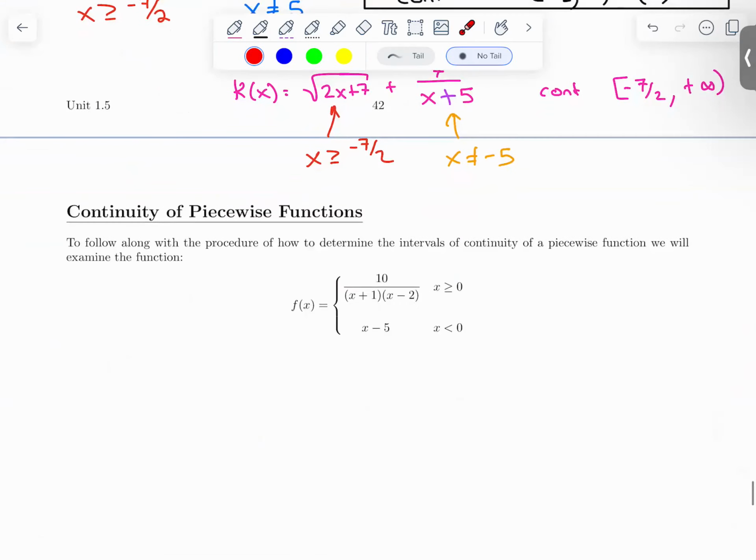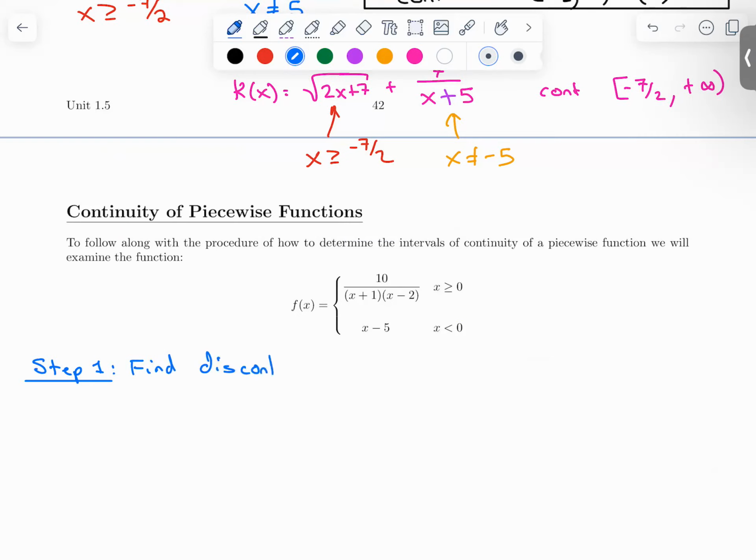So step one is going to be find discontinuities on each piece within its domain or within its restriction.